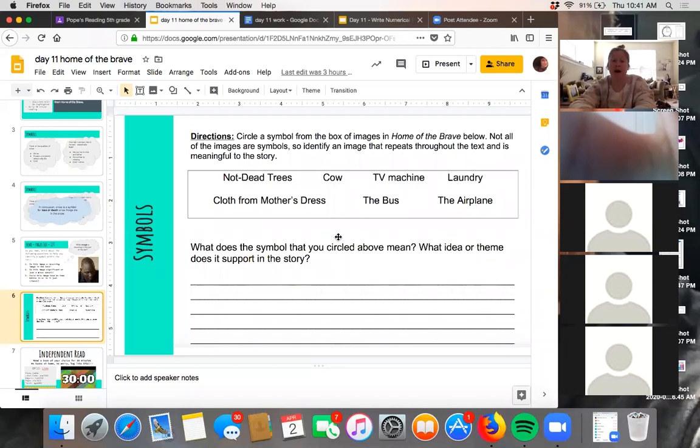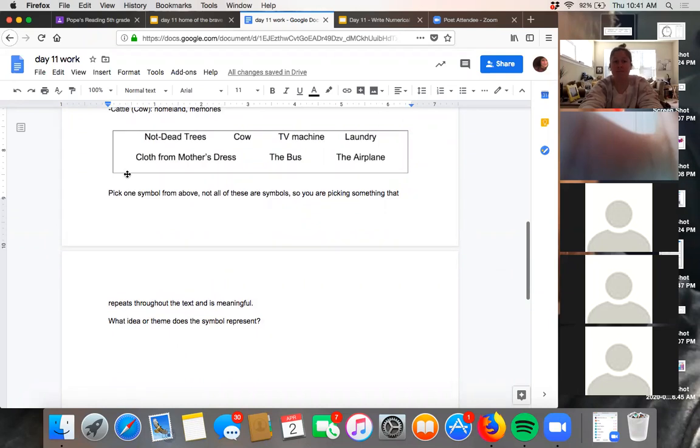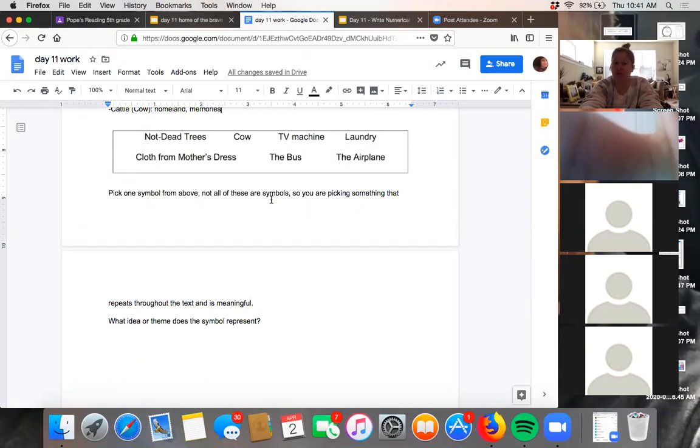You're wanting to pick one out that you believe is a symbol. And then I want you to tell me, what word did you pick? And what idea or theme does that support? And that's the last question down here at the bottom. On day 11 work, I dropped that same word box. And then you're picking one symbol from above. I reminded you they're not all symbols.